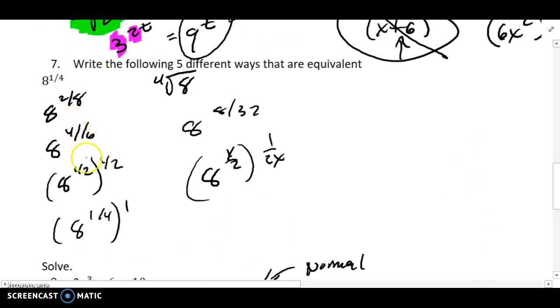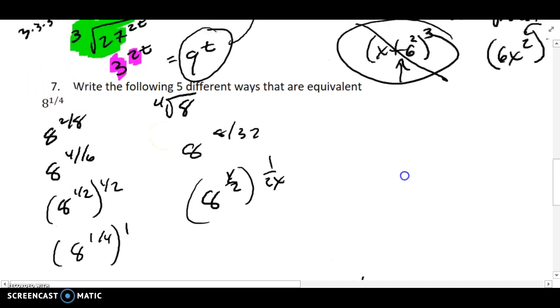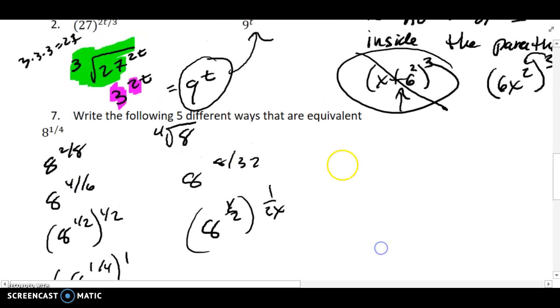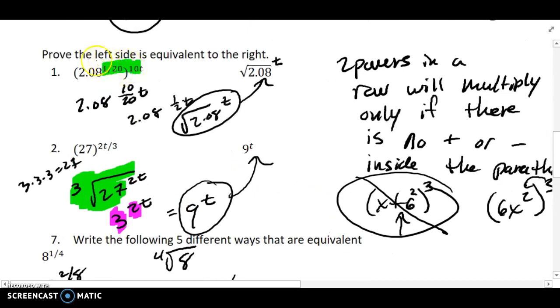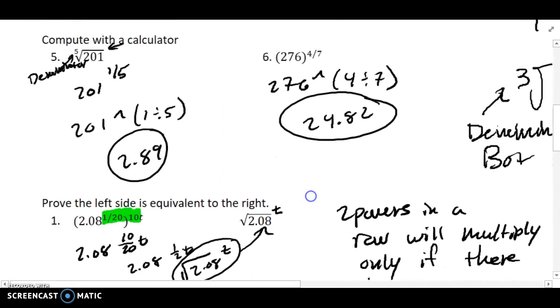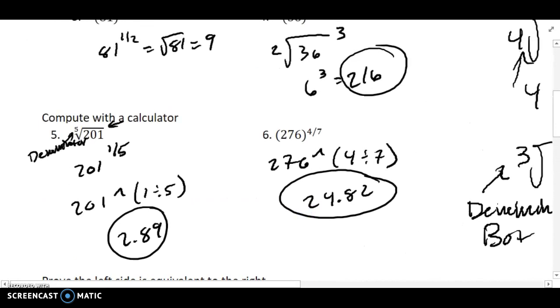The idea is that we can manipulate all these. Now this is a very common ISAT, SAT type of question where it's multiple choice. They'd have this, and they'd have you pick A, B, C, or D. Same thing here. This would be the question, and this would be choice D or something, and you have to prove that those are the same so you can pick the right choice. Very similar to what's on the standardized tests. And then these are the basics.